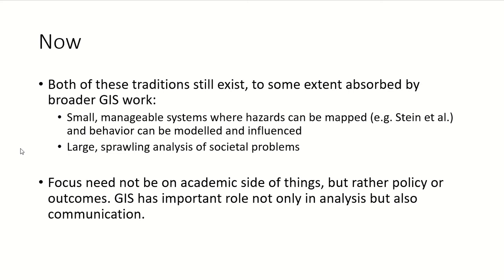And so, if you're criticizing the structure, it's hard not to criticize people who have power within that. So GIS can have an important role not just in analysis, but in visualizing circumstances or alternatives for people who might be able to set policy, make changes.